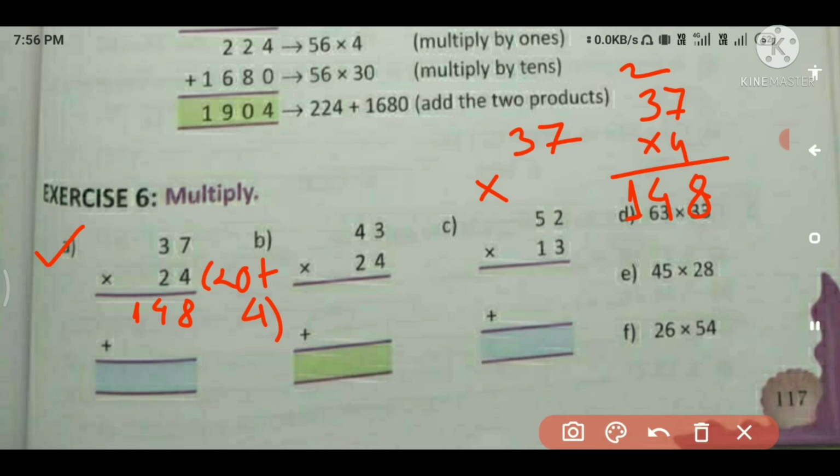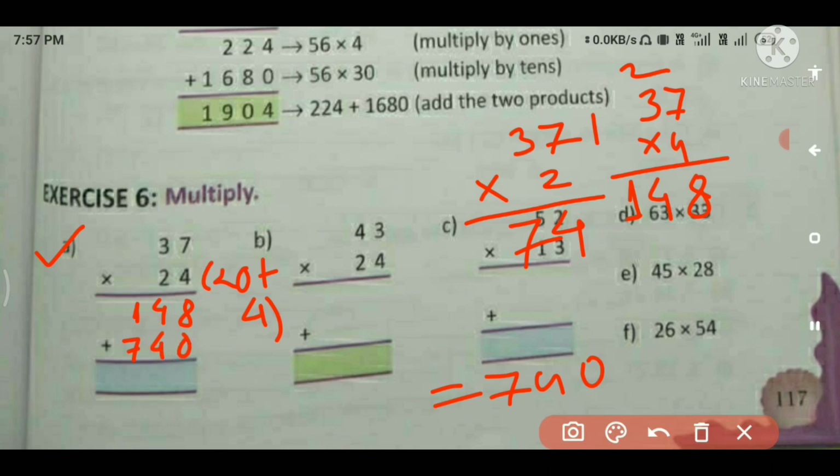Now we'll multiply 37 with 20, but we will take only 2, not 0. So 2 7s are 14, 4 and 1 carry, 2 3s are 6, 7, 74, right? And we'll add this 0, so it will become what? 740. So we'll write this one here, 740.